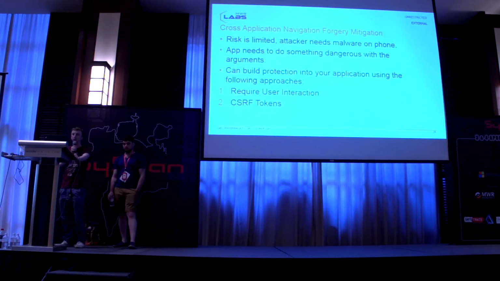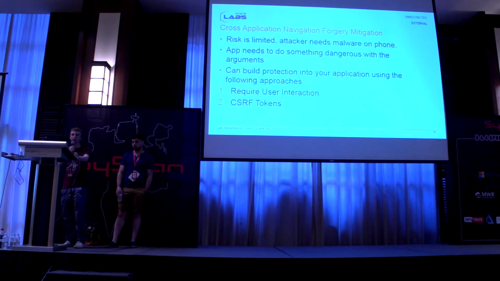I say the risk is quite limited. The attacker needs malware on the phone to exploit this issue, and it also needs to be an app which is vulnerable to doing something stupid with the arguments as well. So how do you protect against this? Basically, I see two methods.